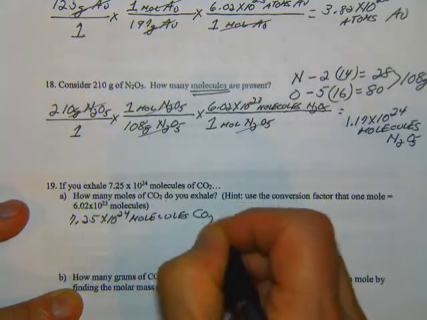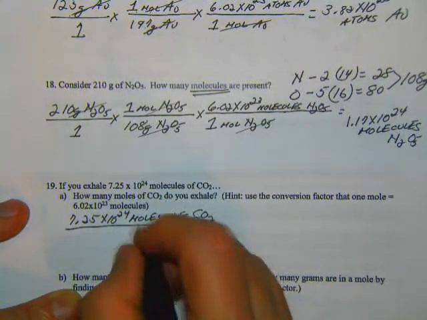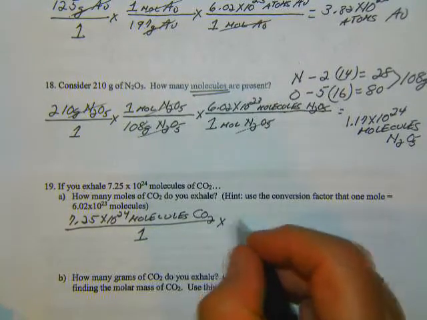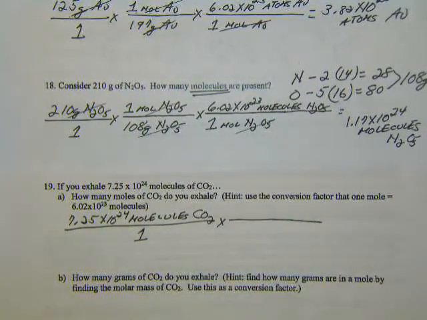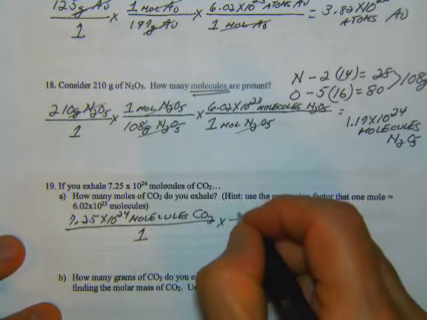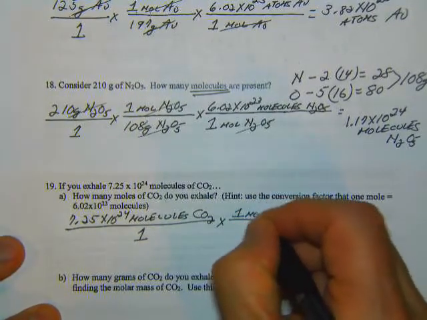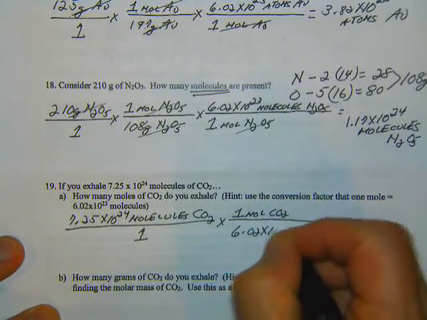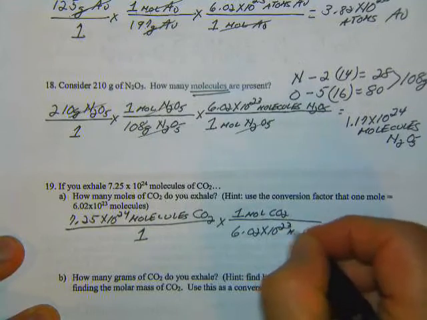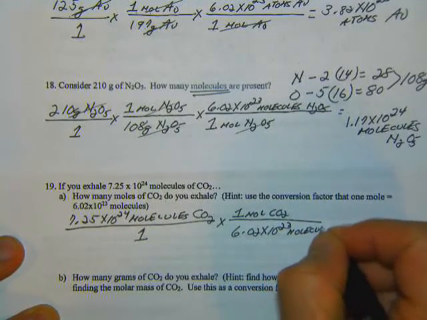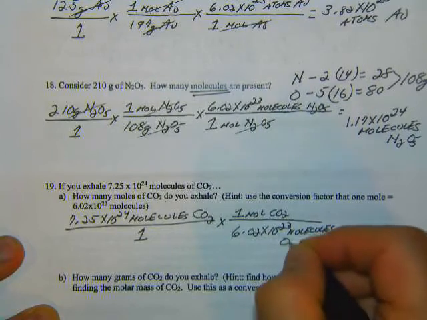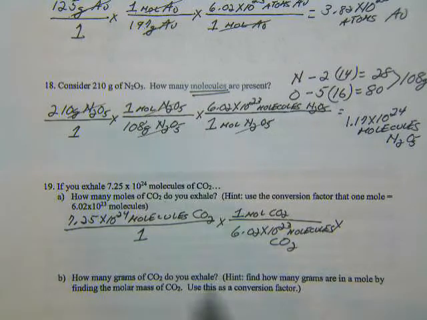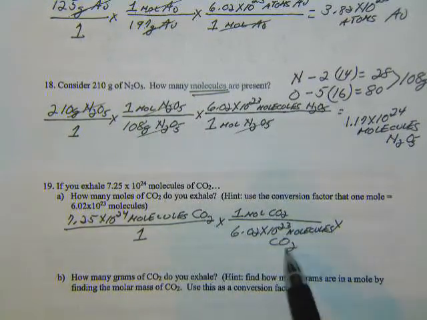Now I know this gets a little redundant trying to write things out, but especially at the beginning when you're learning, I would definitely write things out. And we want to get to moles. Well, we know in 1 mole of CO2, there are 6.02 times 10 to the 23rd molecules of CO2. The nice thing is molecules of CO2 cancel out.